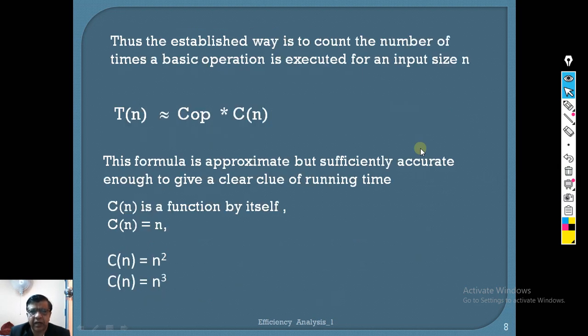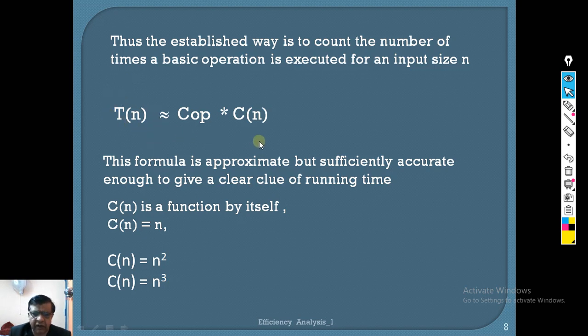Right, and we will come to a formalism. We will try to develop some kind of a metric for measuring the running time. That's how we started. You will be considering only basic steps in an algorithm.